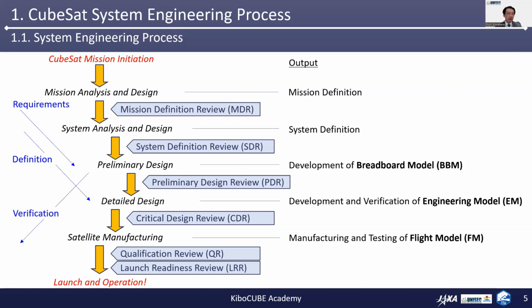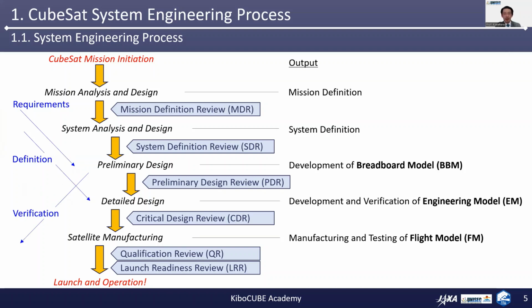So now I'd like to explain the blue arrows on the left. The first one is indicating the requirement definition process. The requirement definition process starts at the very beginning of the project and shall be finalized by the preliminary design review. The second arrow is indicating the system definition process of the satellite.